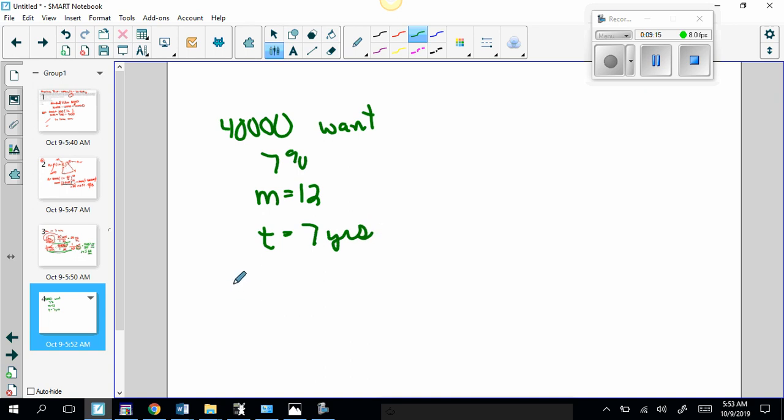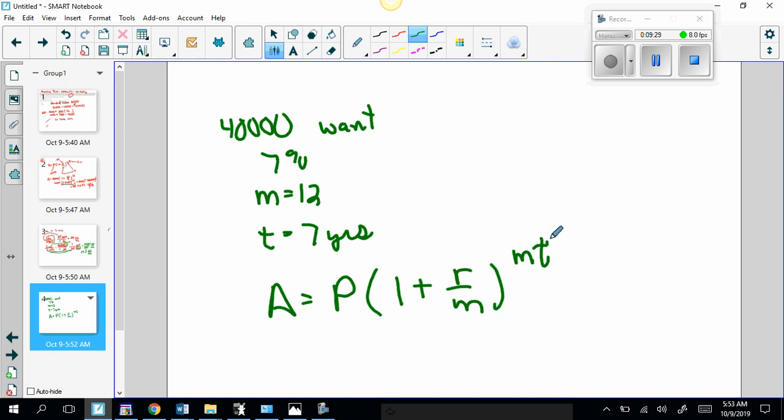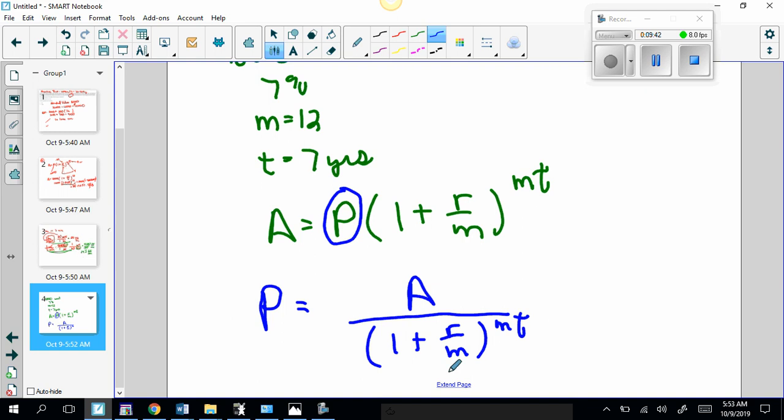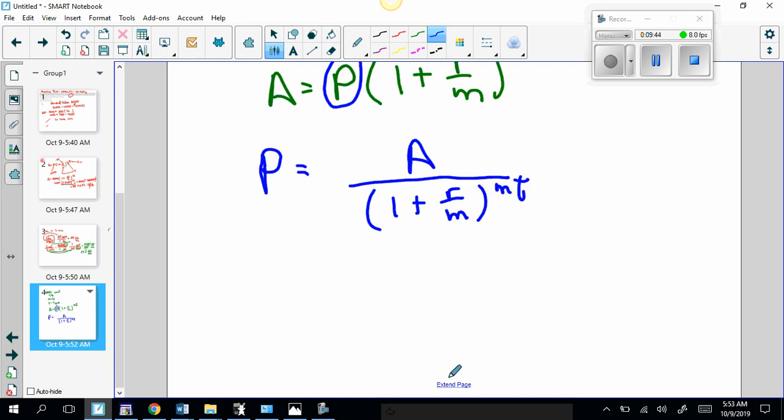So there's the formulas. Here's one I actually know: A equals P times 1 plus R over M to the MT. They want me to solve for P, so here's my formula for this case. It's just A over 1 plus R over M to the MT. So that's when you want to find your amount to deposit.